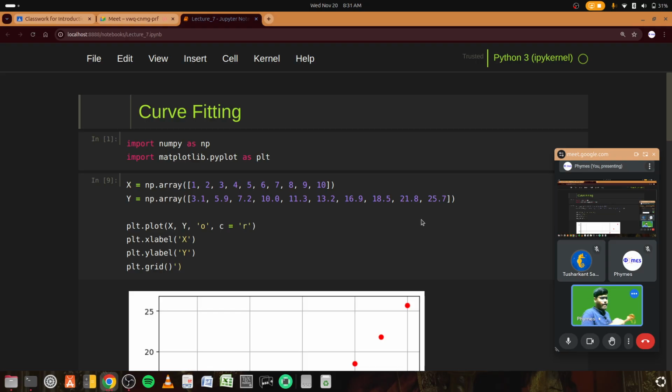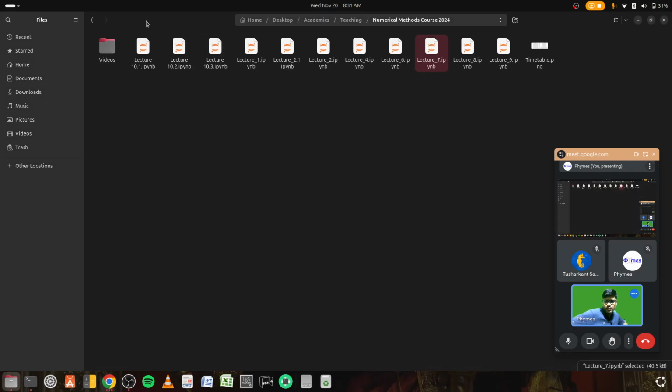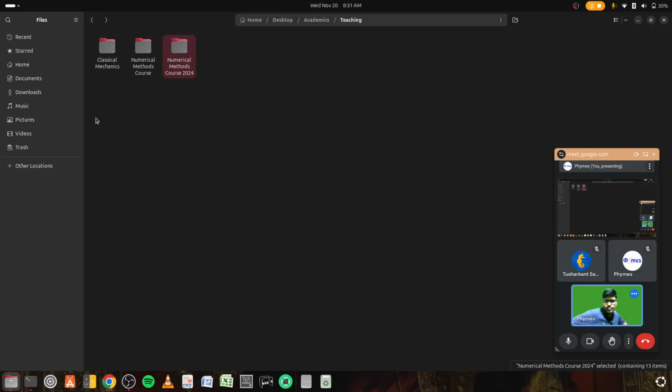Okay. So here we are going to do the linear fit of the data points we have in our first table. So let me open the first table.